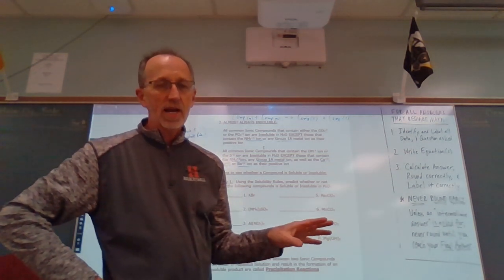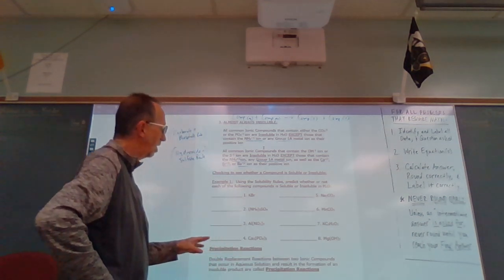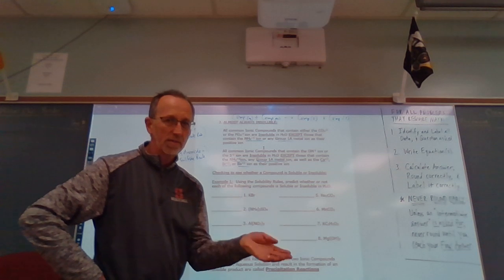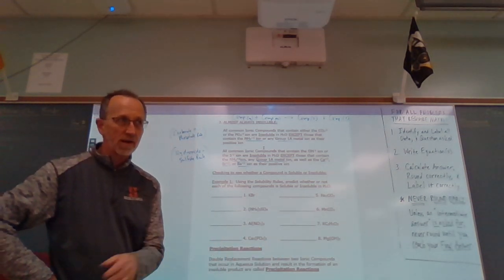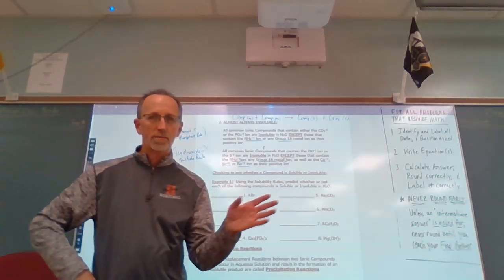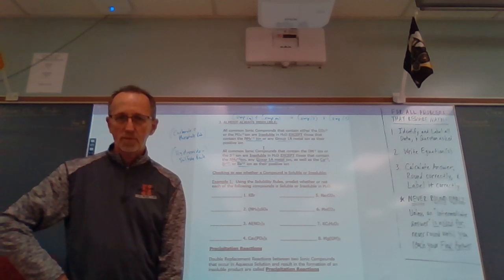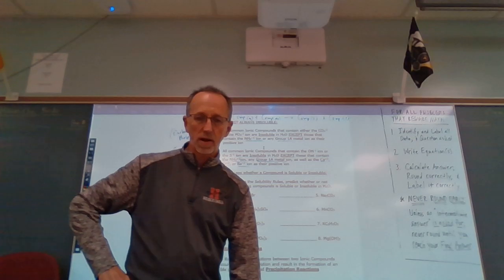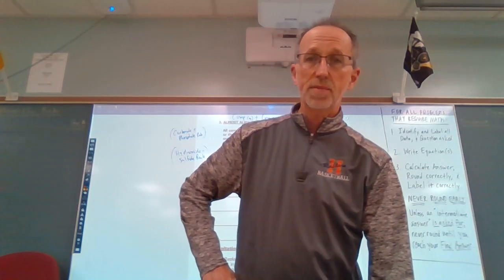But any other hydroxide is not. Magnesium hydroxide, aluminum hydroxide, iron 3 hydroxide, zinc hydroxide, blah, blah, blah, insoluble. And the same exact rule applies for sulfide. All right? So those are the solubility rules.